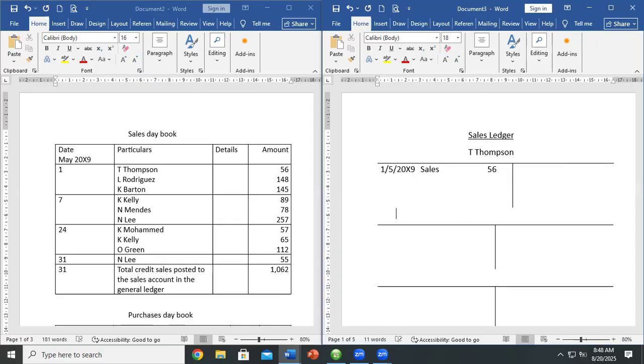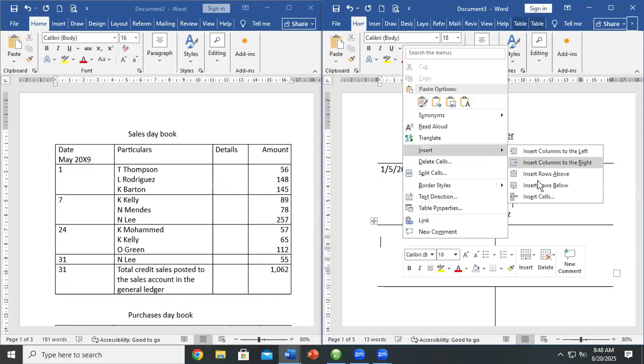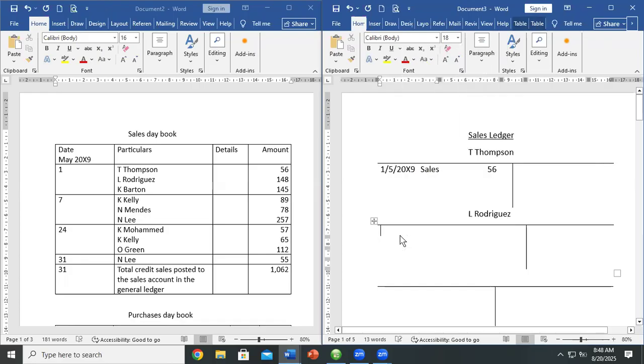L. Rodriguez. So for him too, we put in our date, which is the same 1st May 20x9.